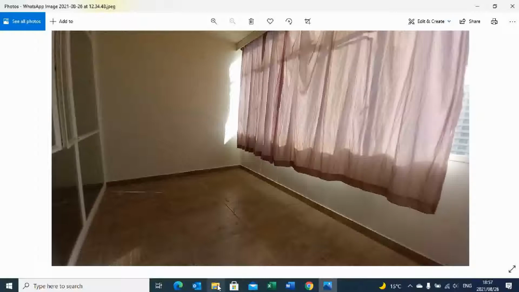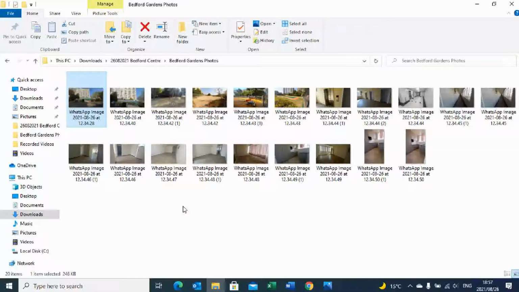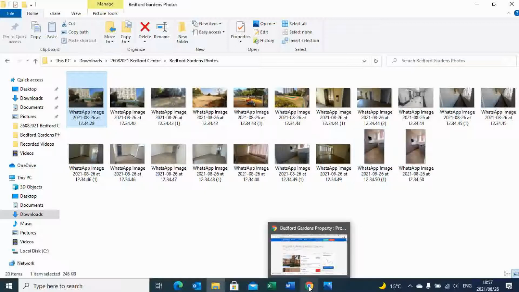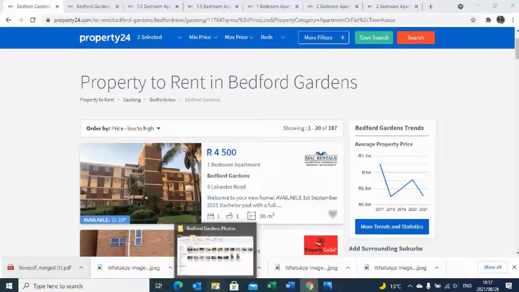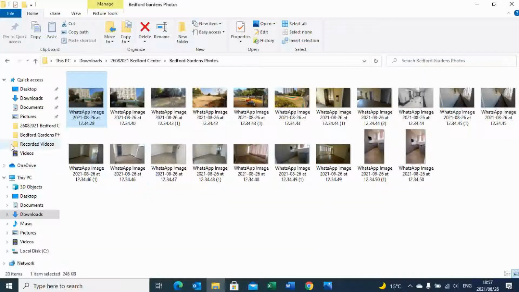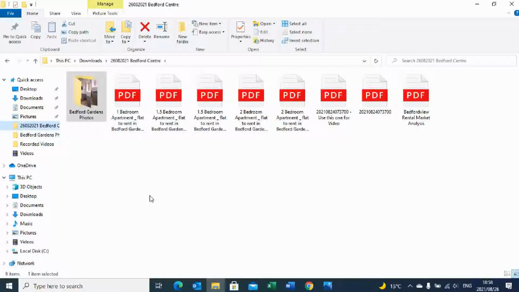So we are looking to find a rental value. After we have visited the place and looked at the pictures, we go to Property24 to start comparing. Normally, because the owner sent us, we will also have performed what we call a Lightstone report.